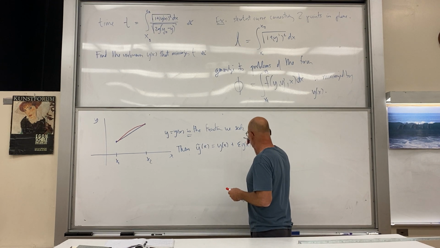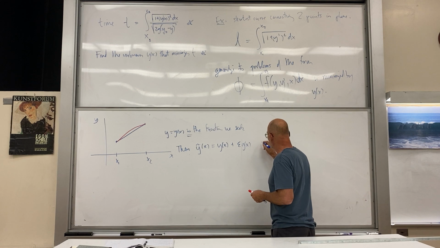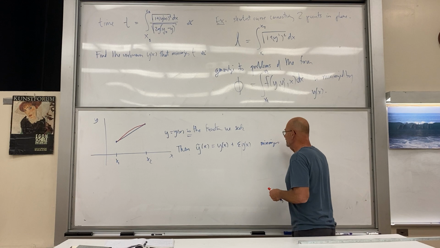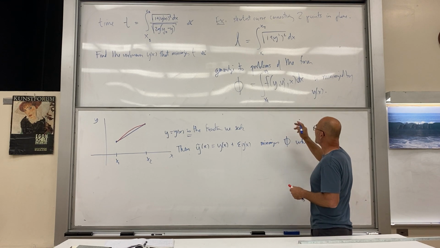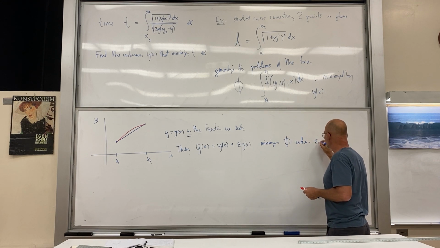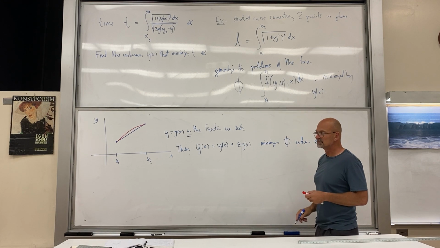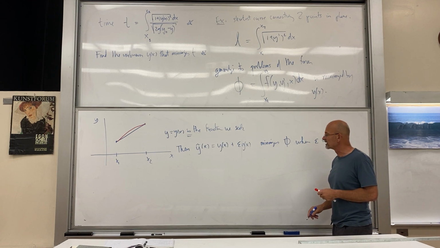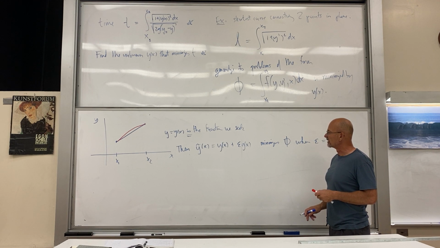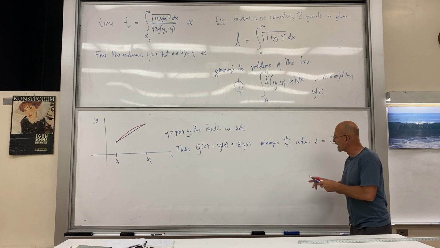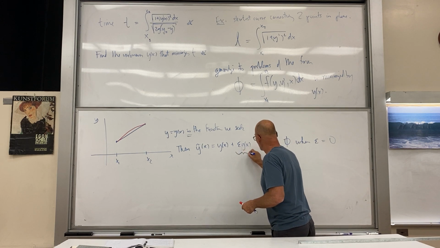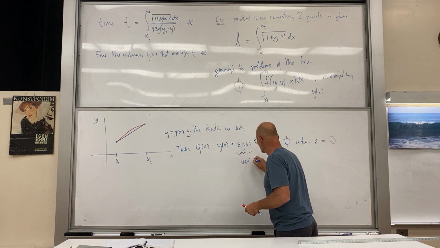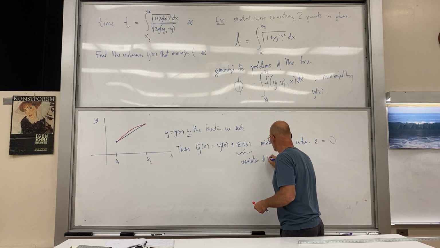So y tilde of x minimizes phi, in this case minimizes L, when epsilon equals 0. So I'm constructing a scenario where the minimum is found when epsilon is 0, and this thing here is the variation of the curve.